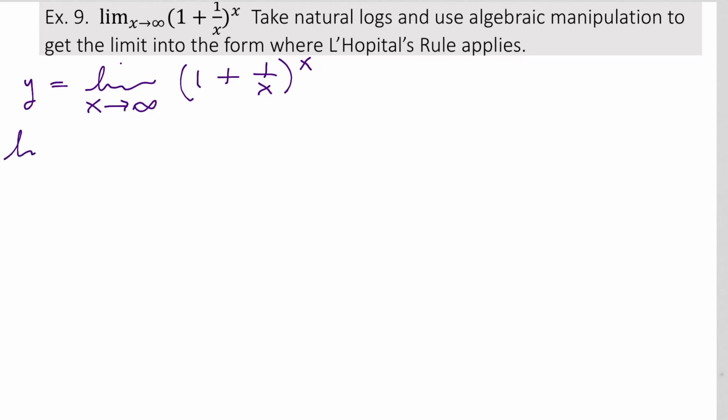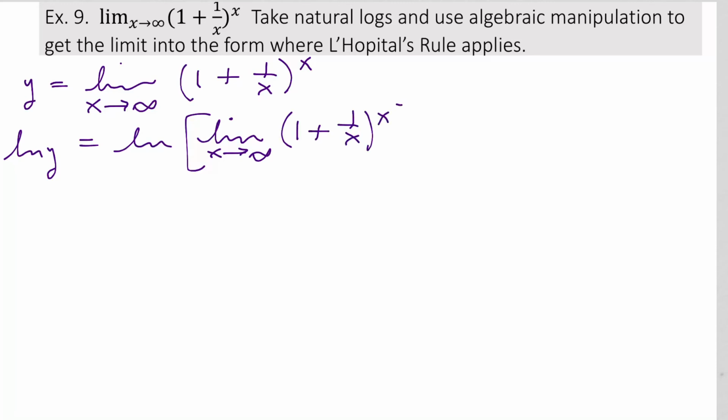Then I say ln of y, ln of both sides, ln of the limit as x approaches infinity of 1 plus 1 over x to the x power.